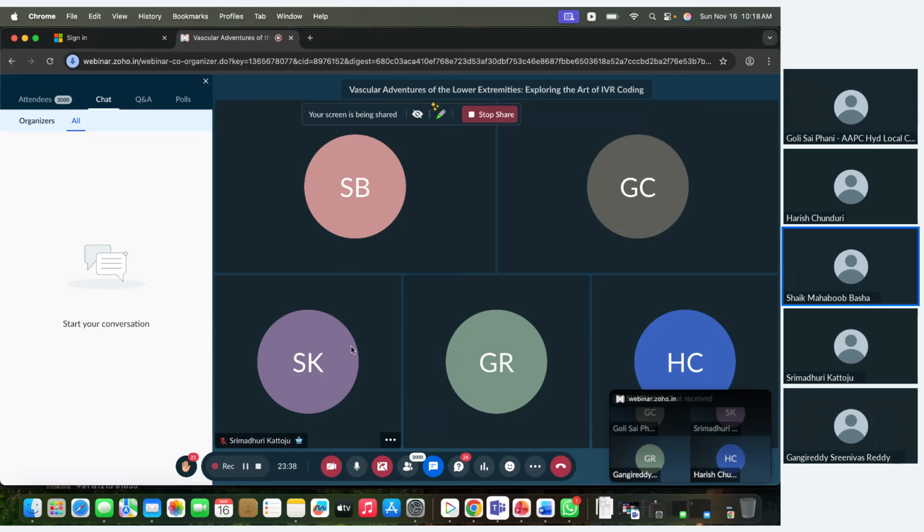Okay, good. We are getting proper responses. The answer is ipsilateral means same side puncture. Contralateral means opposite side puncture.